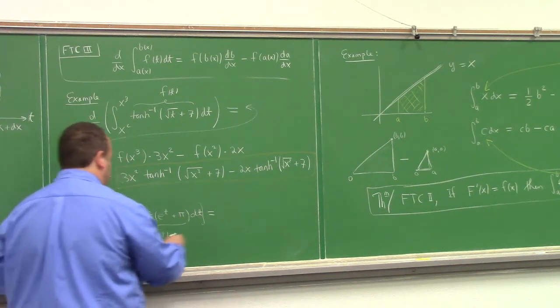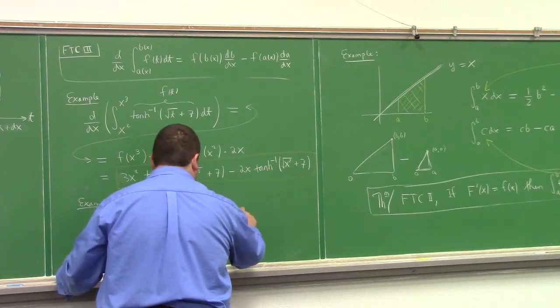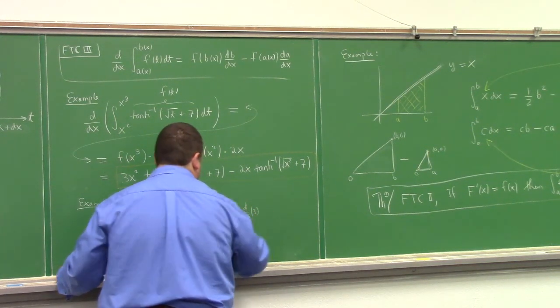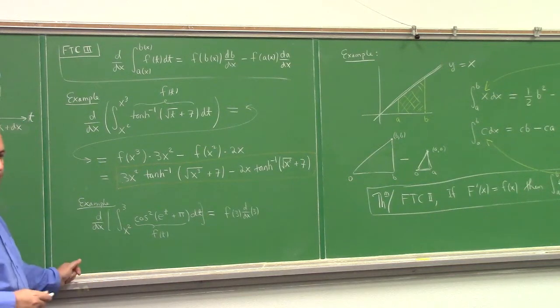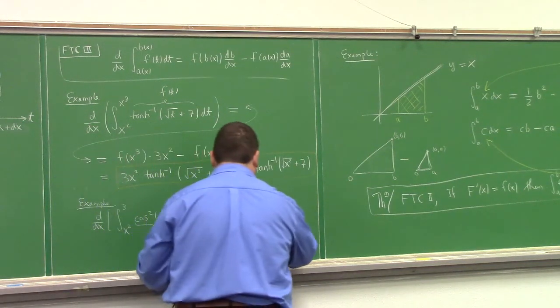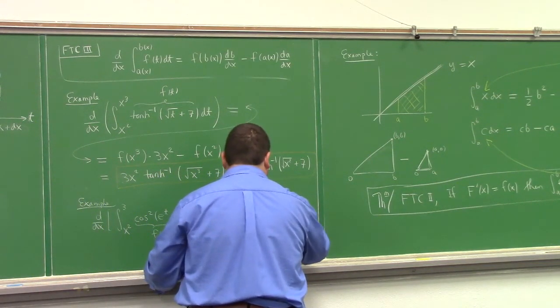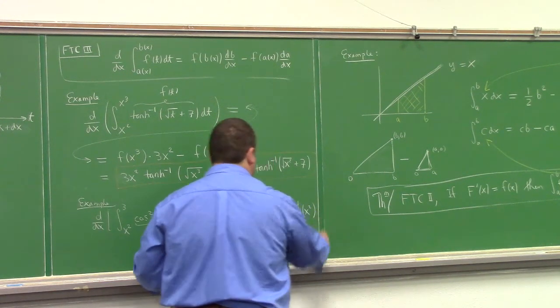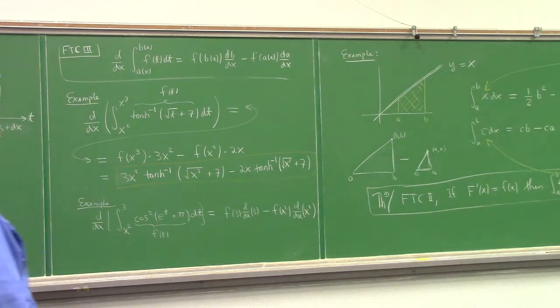FTC3 tells me f of 3 times d/dx of 3, minus f of x squared times d/dx of x squared. The derivative of 3, that one's easy, is 0.